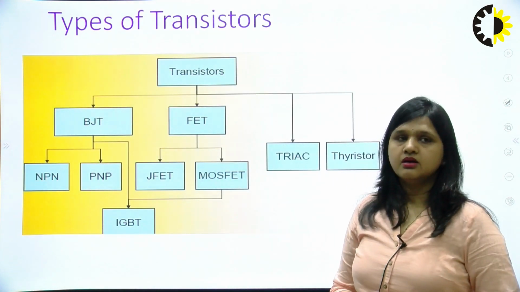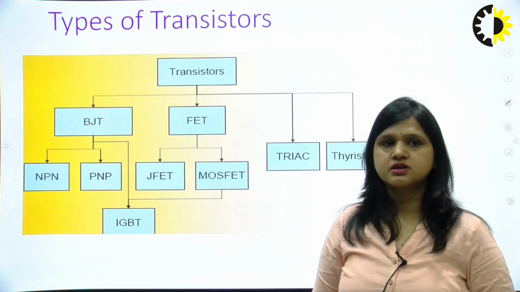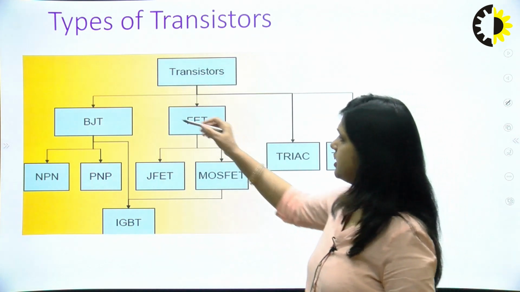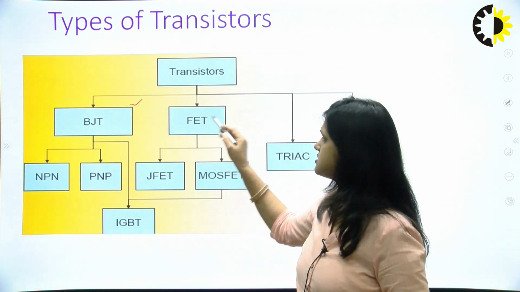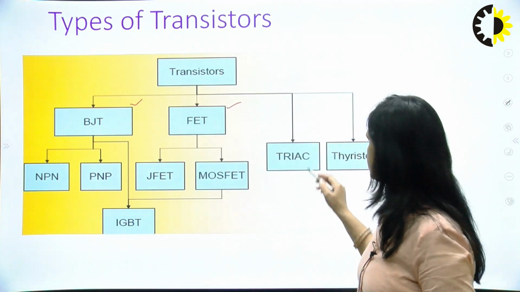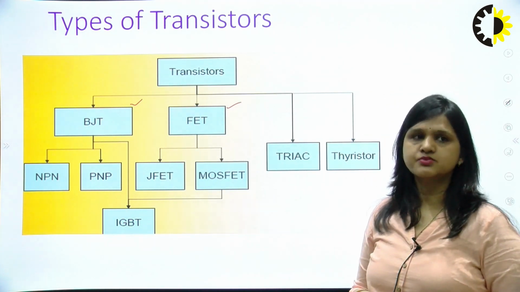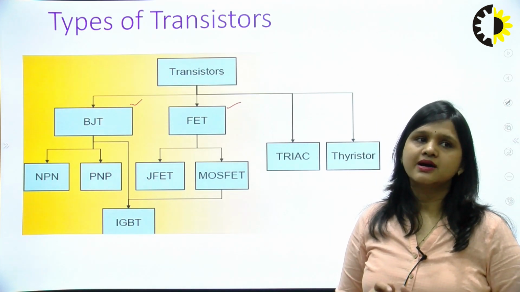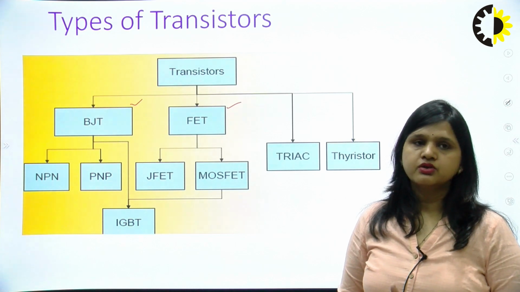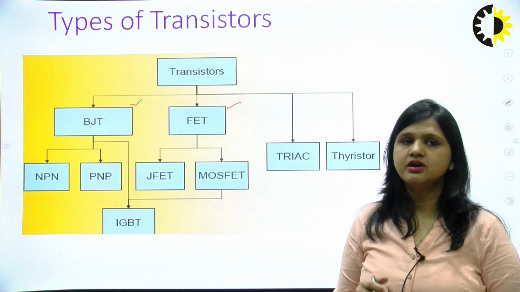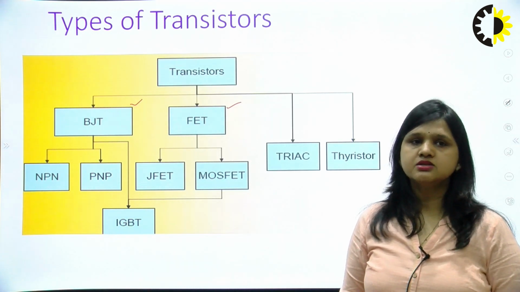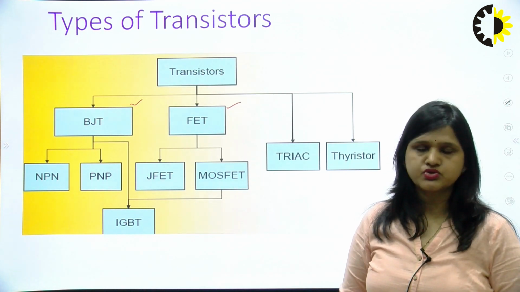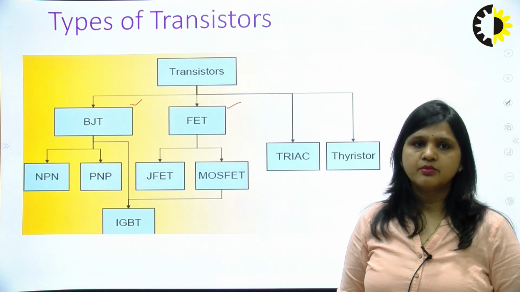There are a number of transistors which are available. One is known as bipolar junction transistor, then field effect transistor, and TRIAC and thyristor also come in the category of transistor. Basically, the meaning of transistor is transfer of resistor. In case of BJT, we have already seen there is a change in the resistance from input to output side, because input is the base emitter junction.